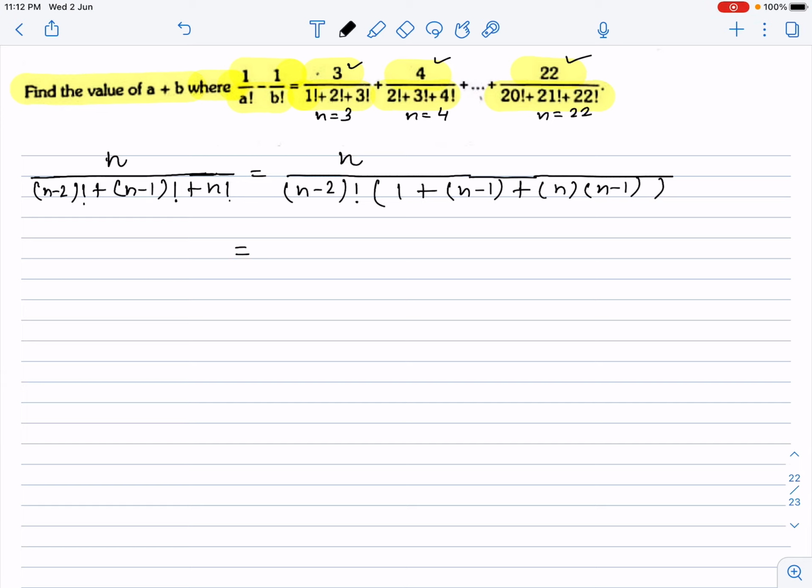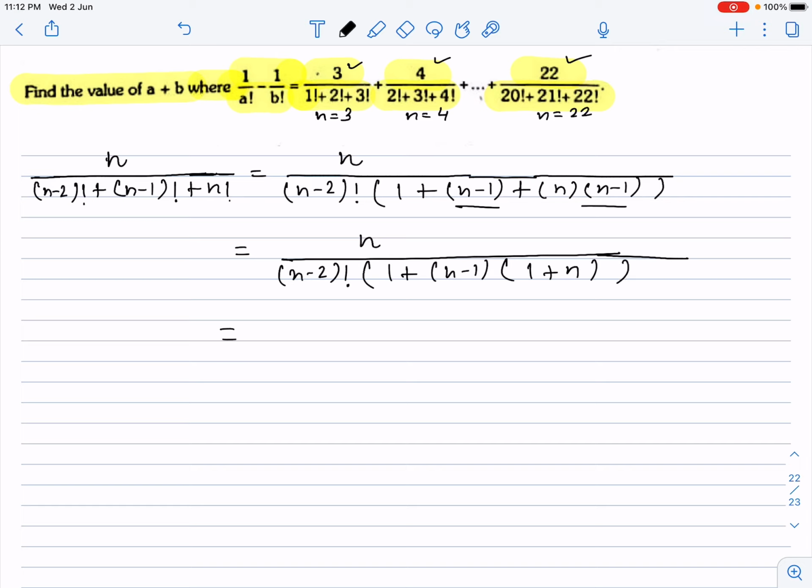Now let's proceed further. What can be done by us? So n divided by n minus 2 factorial is written by me. 1 plus n minus 1 can be taken common by me, multiplied by 1 plus n will be remaining.